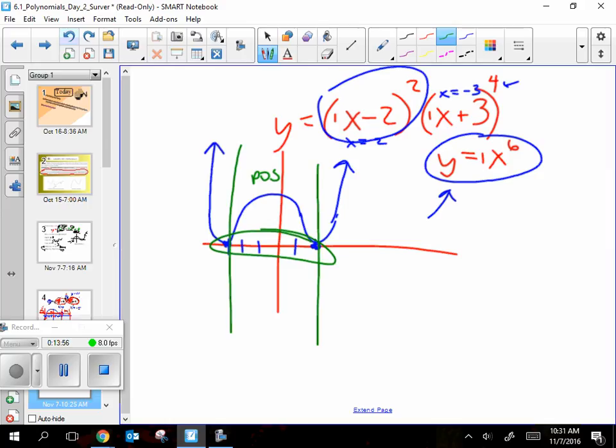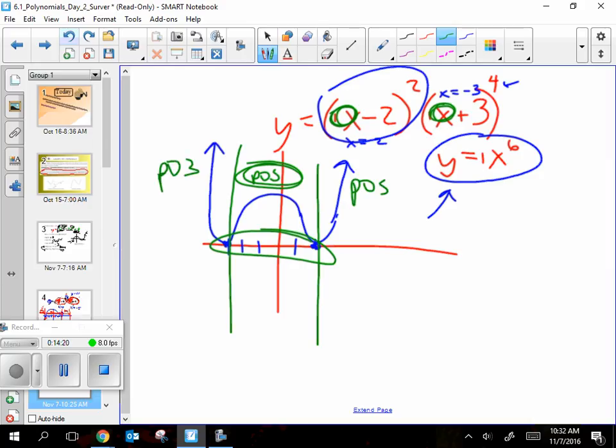So I put in 0, and I would get -2 squared is 4, and 3 to the 4th is some huge number, and they're both positive. So it's got to be positive. Oh, 324. Good. But either way, it's positive in there. It has to be above 0. Okay, so, yay, I did that right. And then this must be positive, and this must be positive.